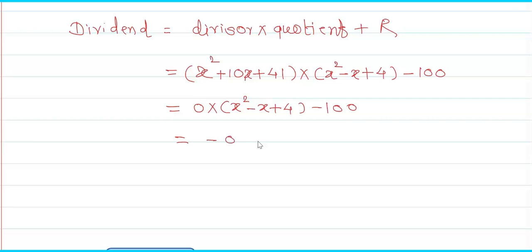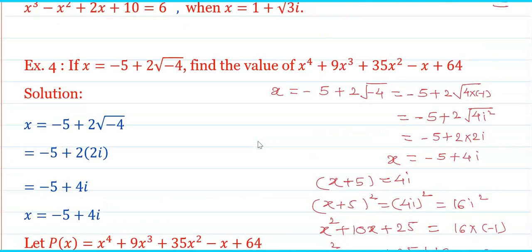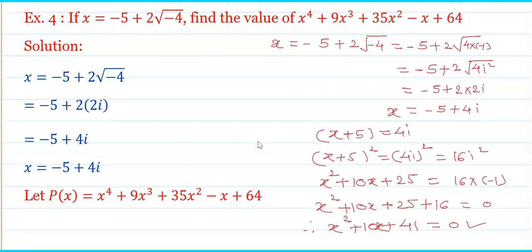Hence the value of the polynomial is minus 100. Okay, and this is the dividend is equal to. You can see it again, it is solved in a different way than the book.